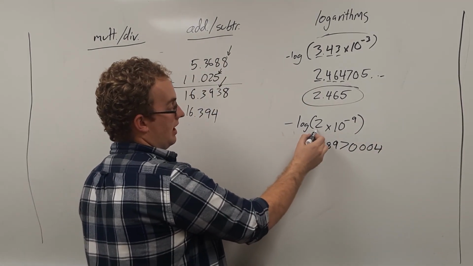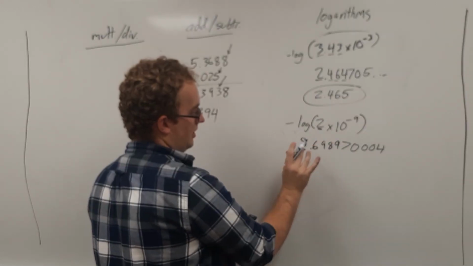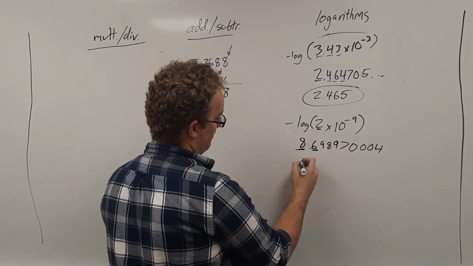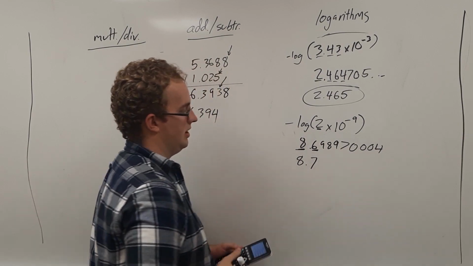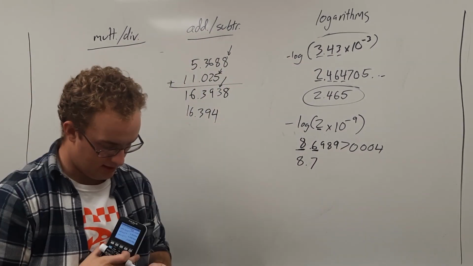Now, if we look here, we only have one sig fig. This comes from this exponent is precise. And then we just do one more. That's our last significant figure. Our answer should be 8.7, and just round that. Hopefully that helps with sig figs.